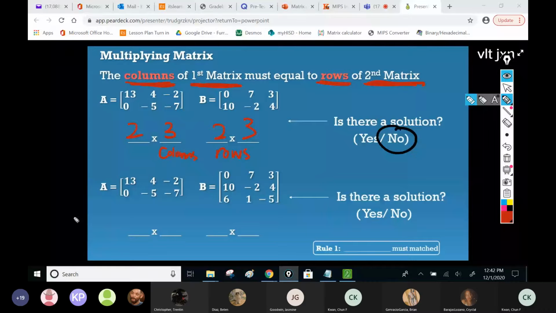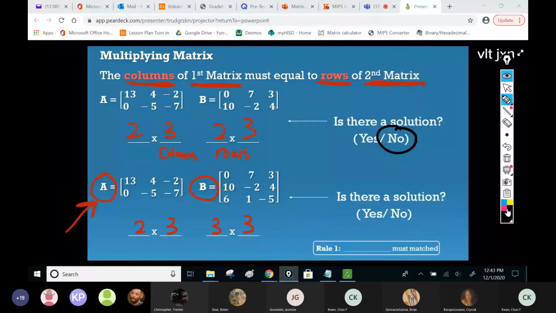All right. Let's look at the next problem. I want to multiply these two matrices together. Matrix A is 2 rows, 3 columns, and matrix B is 3 rows, 3 columns.